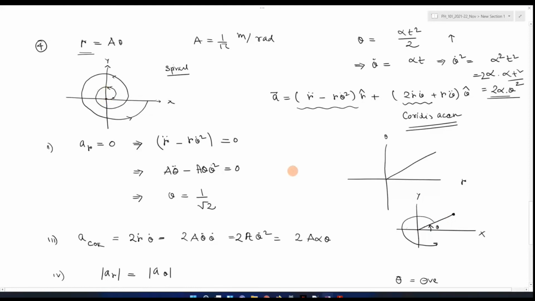To be precise, the figure should look like this. It will keep increasing like this. These values look similar, these values look equal, but that is not correct.